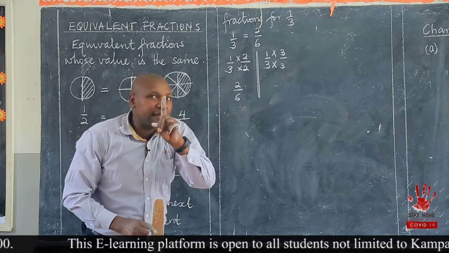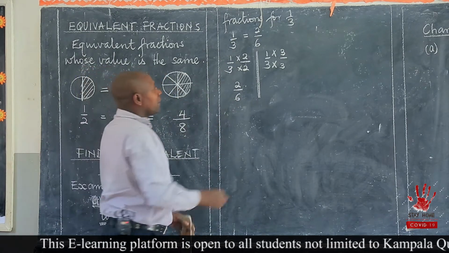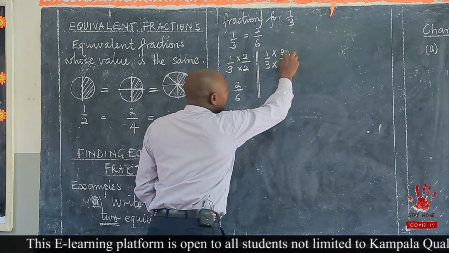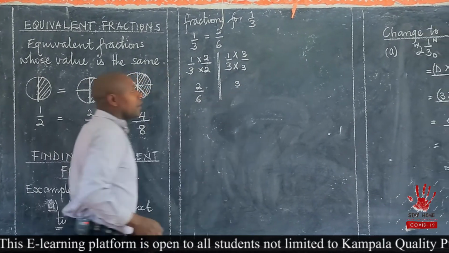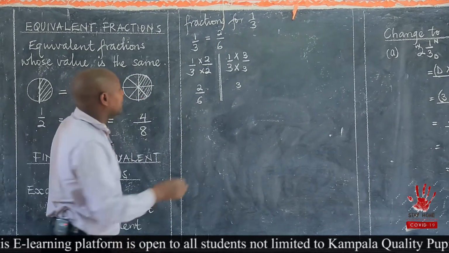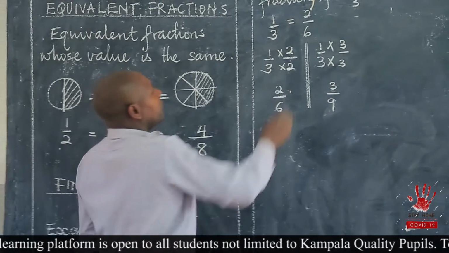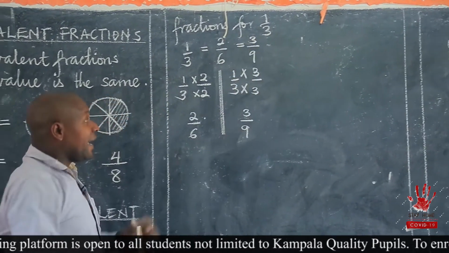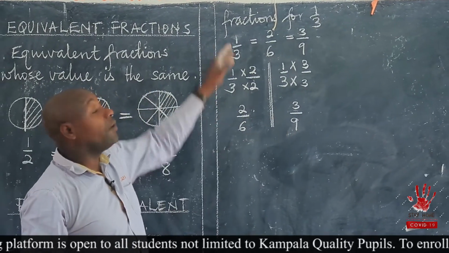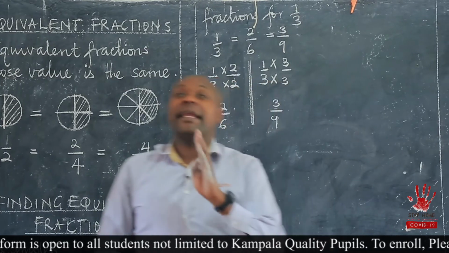I've said we can't start by 1. Why? It will give us again a third. So now 1 times 3. Somebody is saying 3. What about 3 times 3? Somebody is saying 9. So 3/9 is again another equivalent fraction for a third. These 3 fractions are really equal.